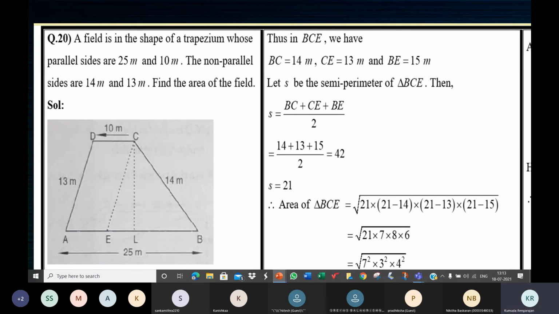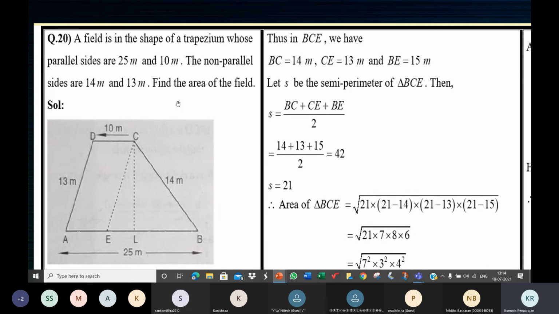The formula to find the area of a trapezium is half sum of the parallel sides, that is AB plus CD, into distance between the parallel sides, which is the constructed CL. So we do not know the distance.